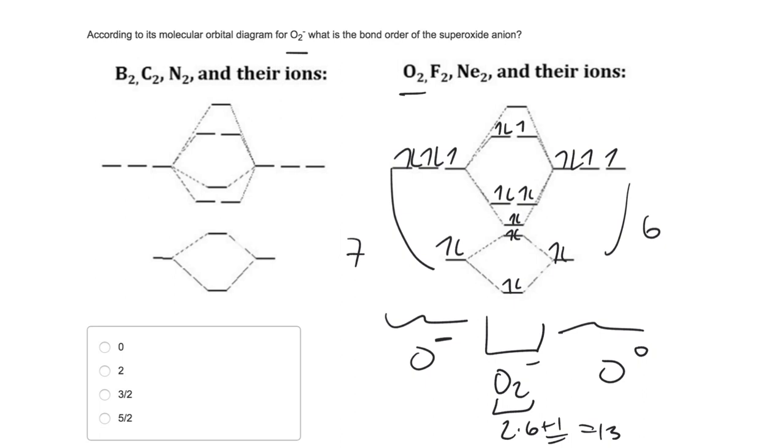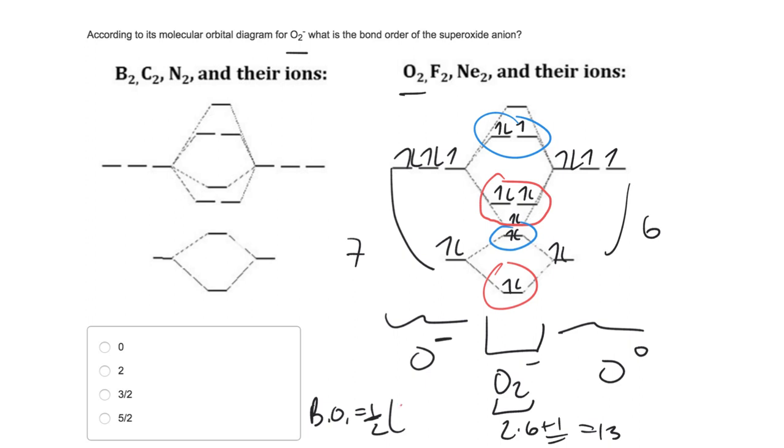It asked me to calculate a bond order. So let's calculate the bond order here. Our bond order will be 1/2 times the total number of bonding electrons minus the antibonding electrons. Here are my bonding electrons. They're the electrons in the orbitals that bring the electrons in between the nuclei. And then these are my antibonding orbitals.